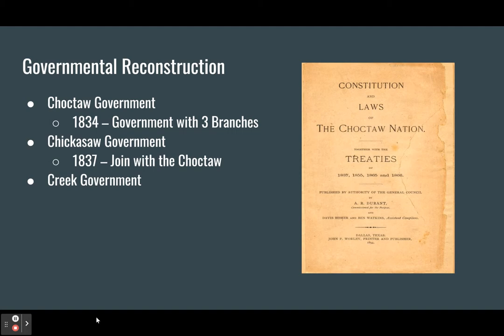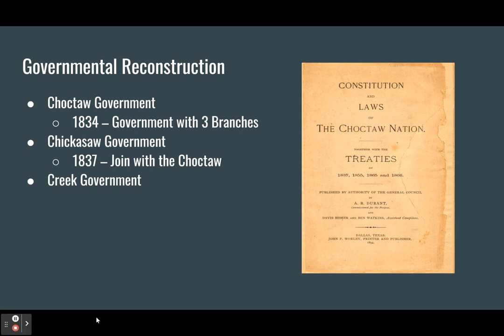The Creek will create a constitution really completely brand new, because when the Creek come in, and hopefully you guys remember this, they don't have a tradition of a constitution.